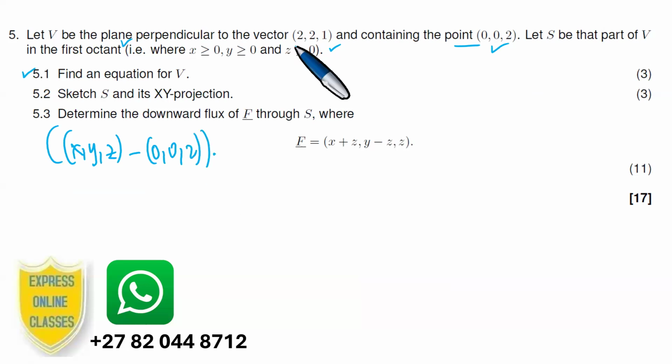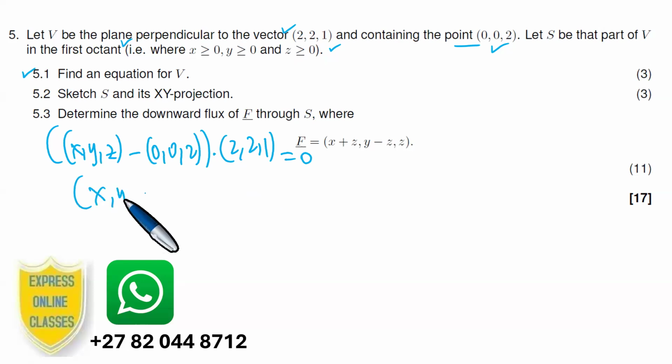Then you dot it with the vector (2, 2, 1), and this is equal to 0. So (x, y, z minus 2).